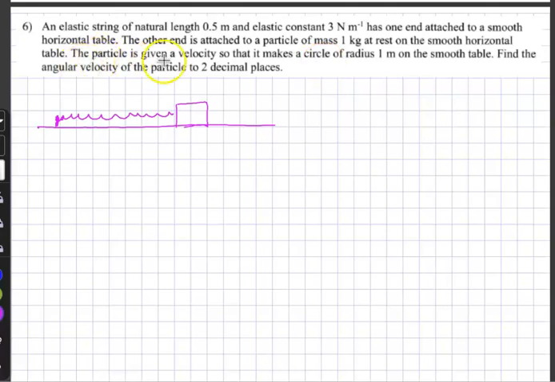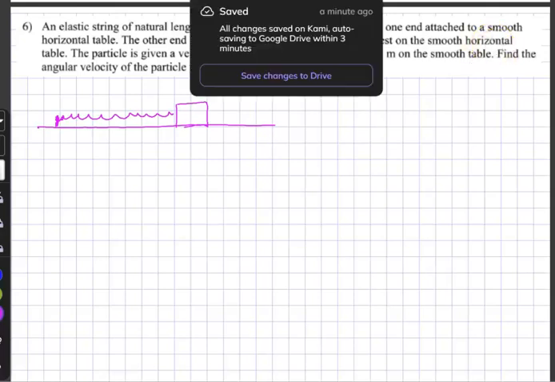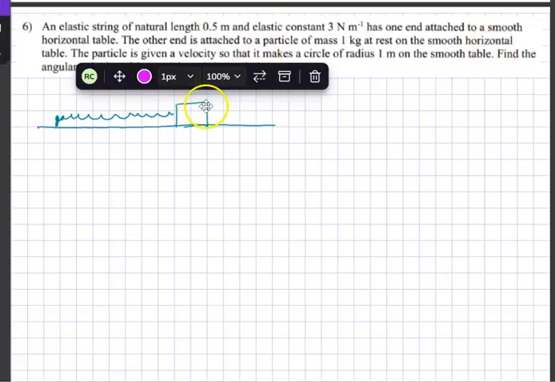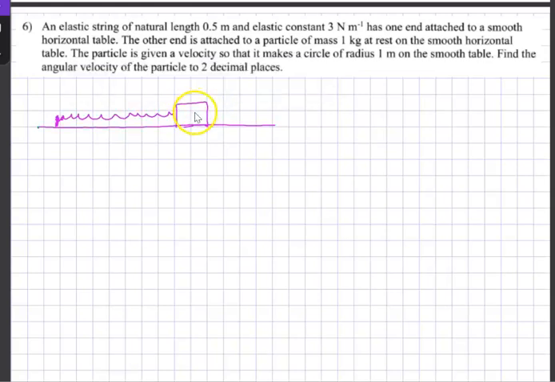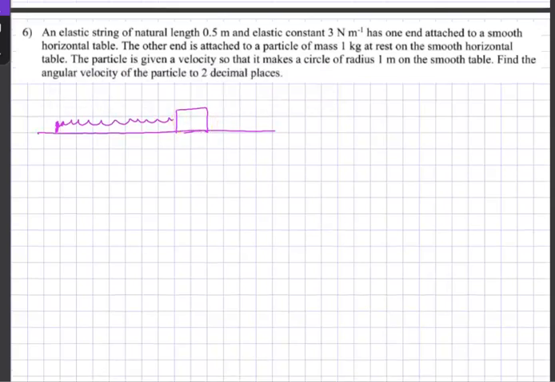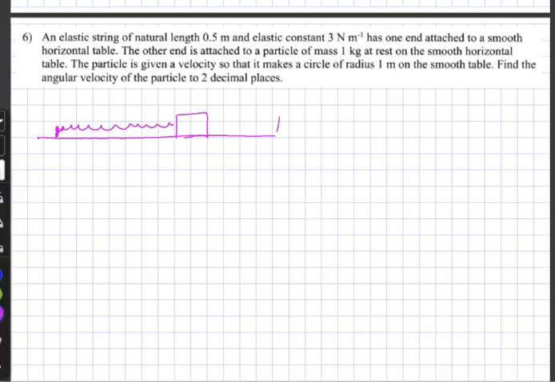So as I read it, it's given a velocity. It makes a circle of radius 1 meter on the smooth table. So in its resting position, it's 0.5. But once it does that circular motion, all of a sudden we have a situation where this object is further out. The string extends itself, and the object is further out.